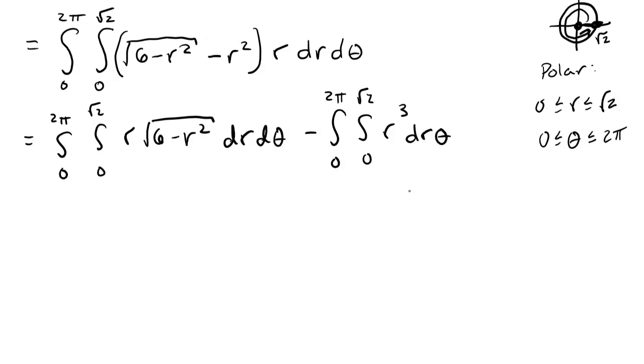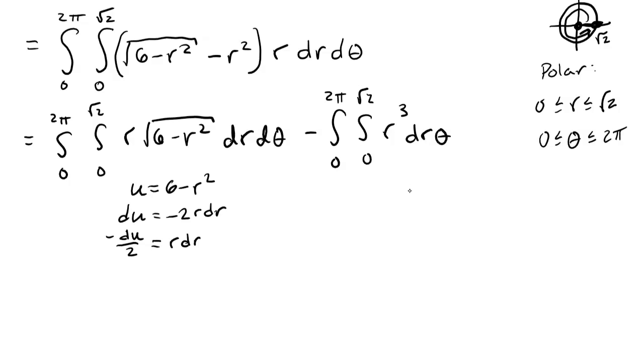Taking a look at that first one, we can recognize there's a composition, there's a 6 minus r squared underneath the square root. So if we think about the u substitution of the inside function, we do have an r on the outside. So we would have du is negative 2r dr, and I do have r dr, so I can have negative du over 2 is that r dr. So then we can also change our bounds.